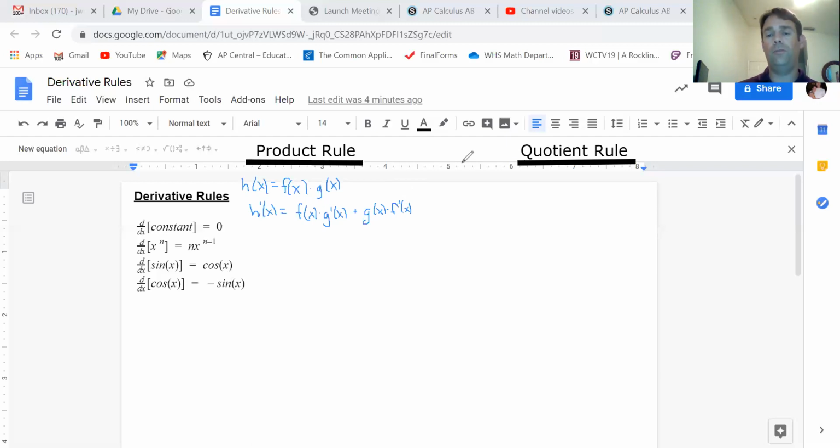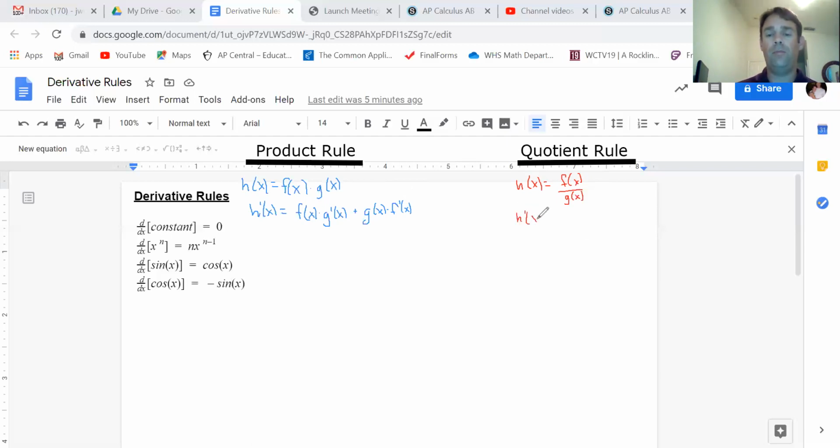The quotient rule is going to be very similar to it, in that it's made up of two functions. And it's got a couple little things going on to it. This one is a little bit different.